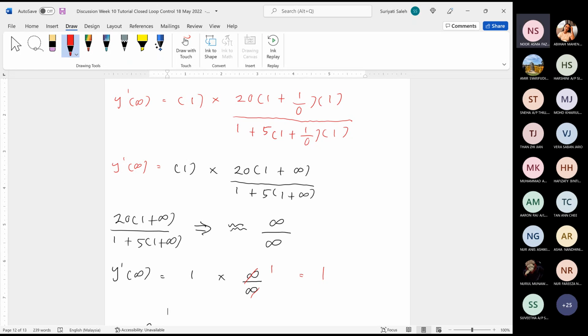The answer for y prime infinity in this case is 1. Any question?